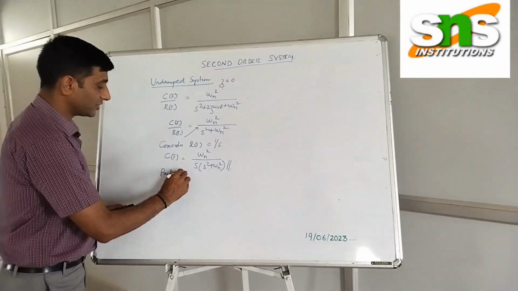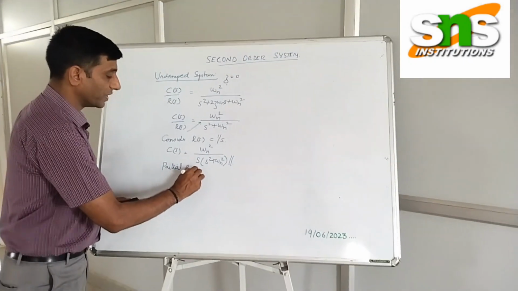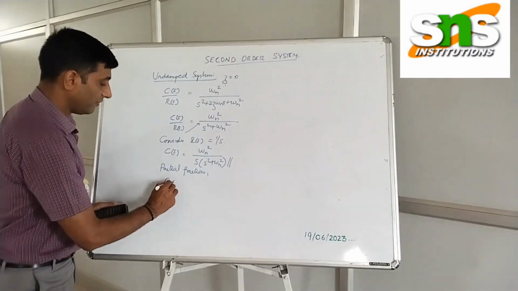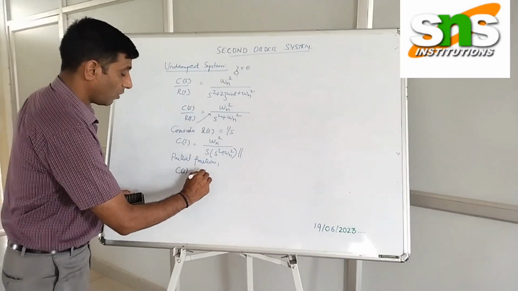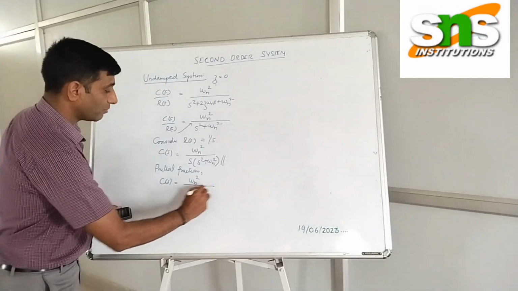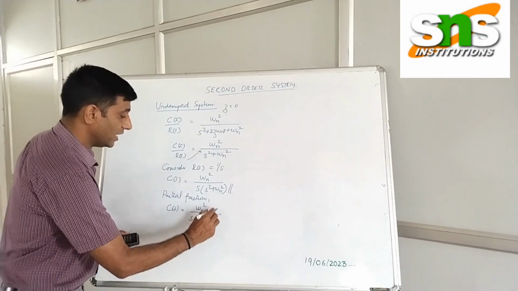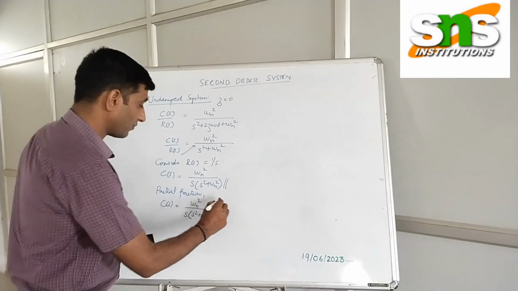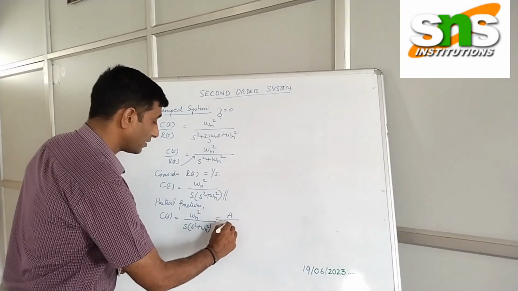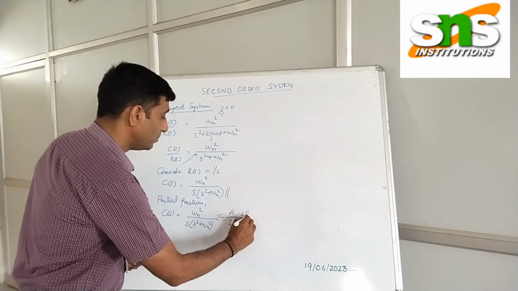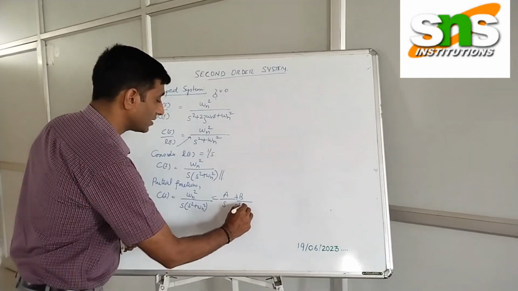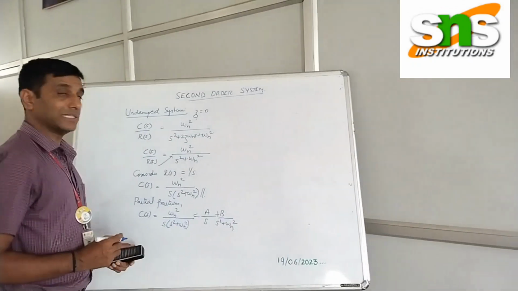Applying partial fractions, C of s is equal to omega n squared divided by s into s squared plus omega n squared, which can be written as a divided by s plus b divided by s squared plus omega n squared.